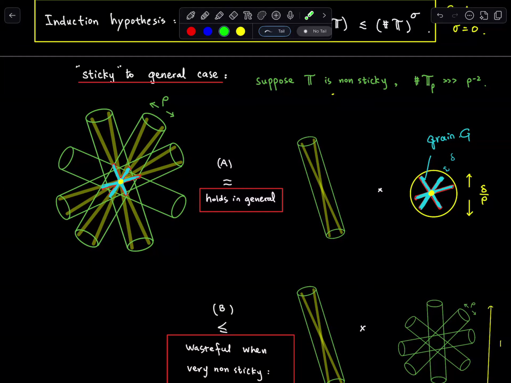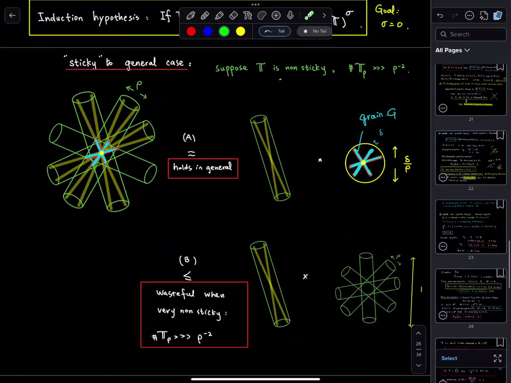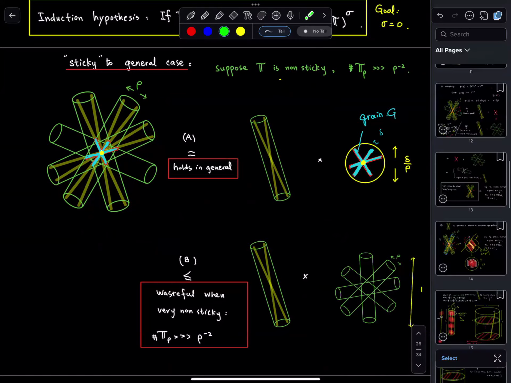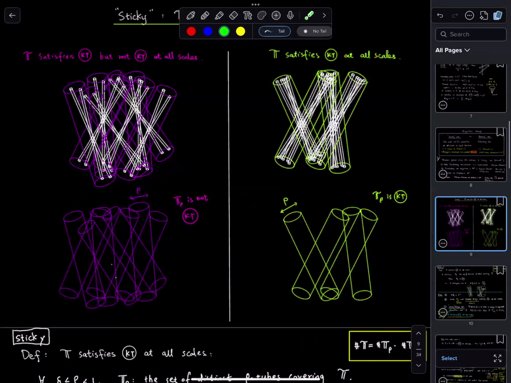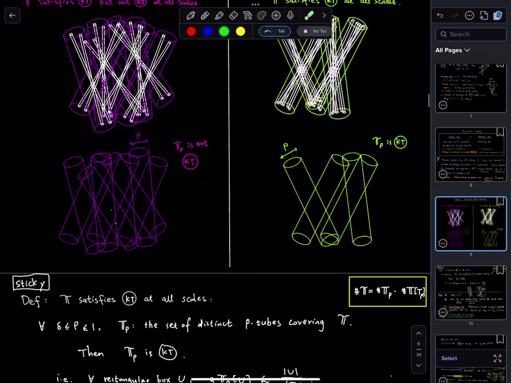So remember from the non-sticky picture, we see a lot of, let me try to show you where this is. In this non-sticky picture, that's the left-hand side, we see a lot of rho tubes. So we see a lot of those purple tubes. So that's the image we should have in mind.